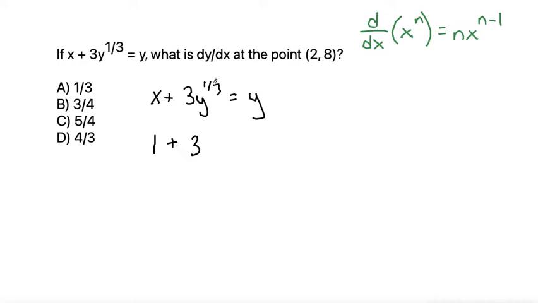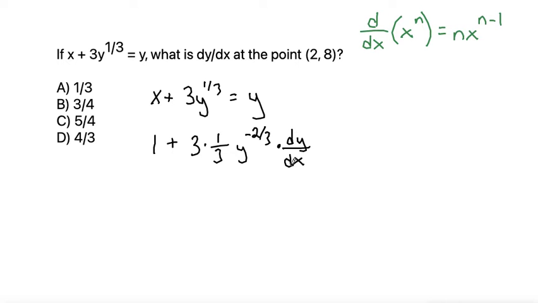So we'll bring down the 1/3, so this will be 3 times 1/3, y to the power of 1/3 minus 1, which is negative 2/3.